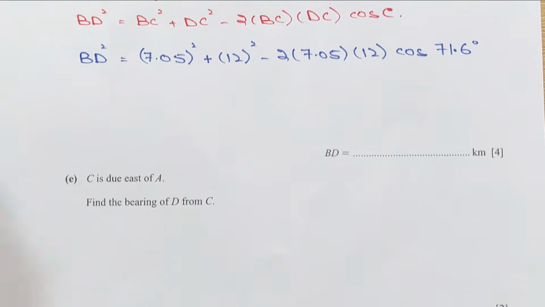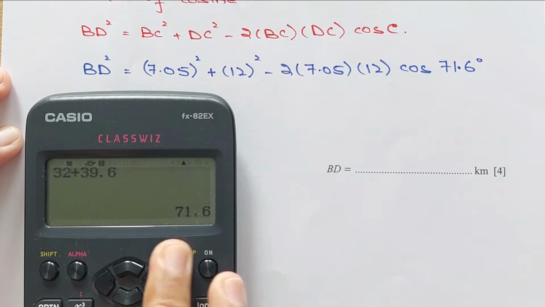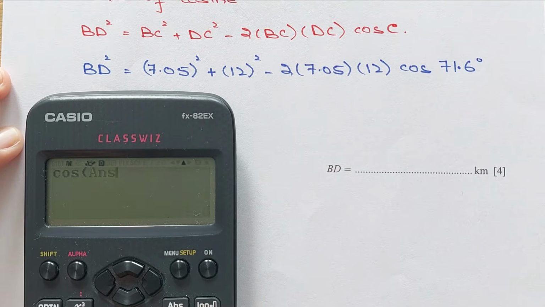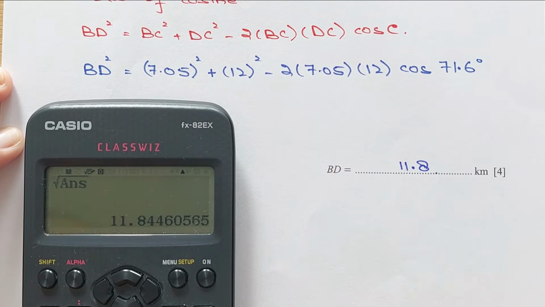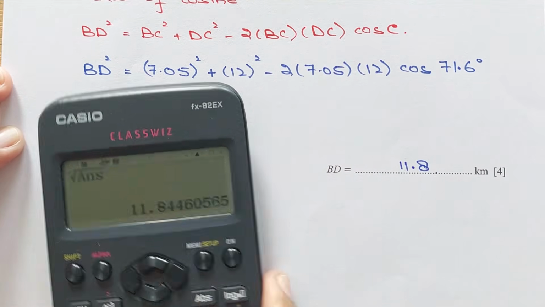Right, now let me simplify this, the straight distance. So cos of this angle times 12 times 7.05 times minus 2, add 12 square and add 7.05 square, and taking the square root of the answer, this is 11.8 kilometers. 11.8 kilometers, or 11.84 up to 2 decimal places if you want, or keep it as it is.